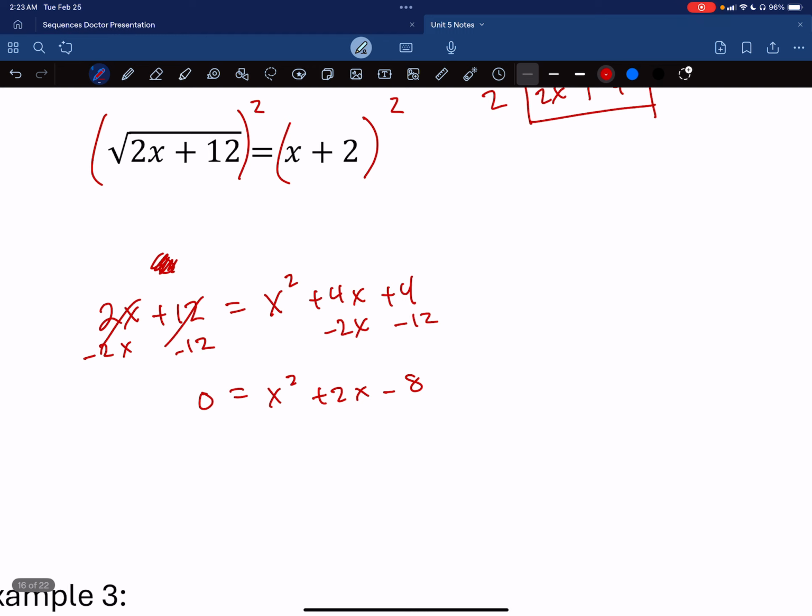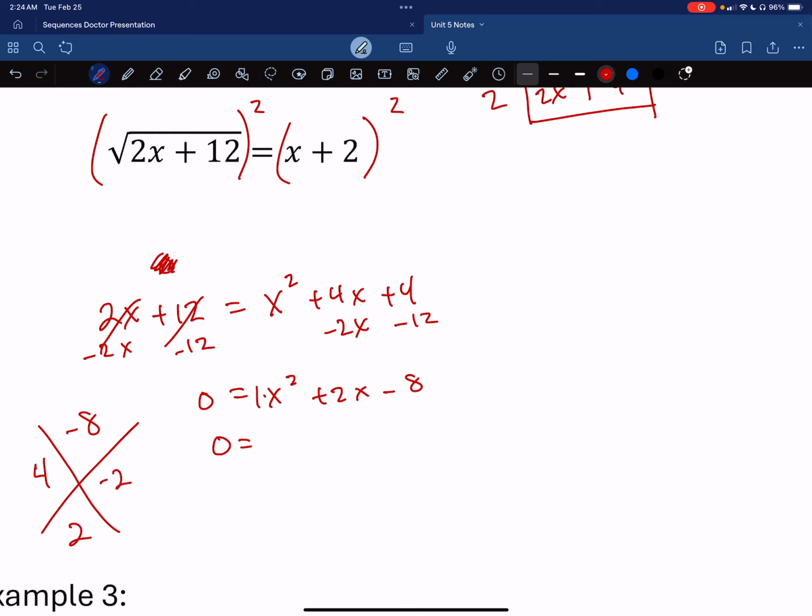Okay, so we've got to factor that. Looking for two numbers that multiply together to get 1 times negative 8, so negative 8, and that add up to positive 2. So for our factors, it's either 1 and 8, or 2 and 4. I want them to multiply to a negative, but add to a positive. So 4 is going to be bigger. I'm going to multiply that by negative 2.